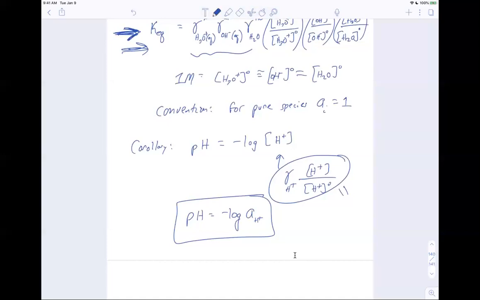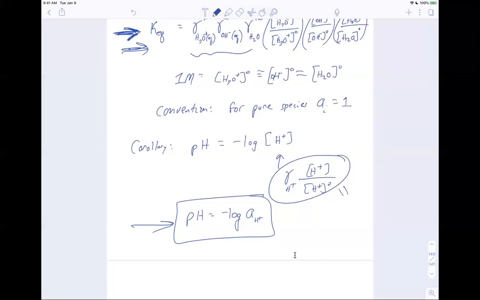No one ever told you that pH had to have units. It makes sense because the log of something cannot have units, and activity does not have units because it's all normalized by a reference concentration, and the activity coefficient gamma is unitless. So this is the most general way to write the pH, which is the minus log of the activity of whatever species you're interested in.